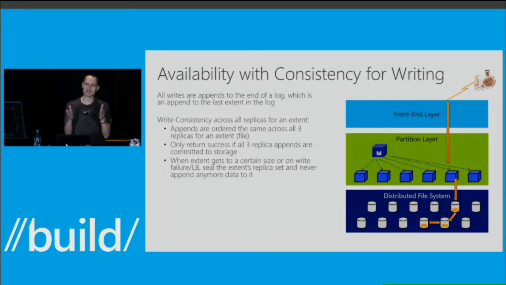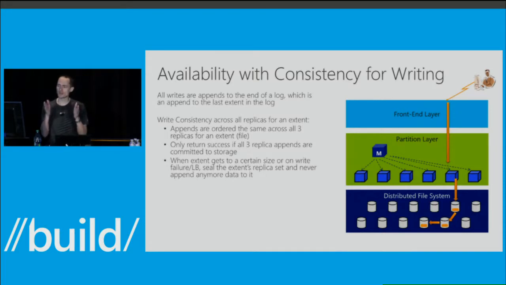Well, that means that we can actually read from any of the replicas. It doesn't matter. So we make sure that all three replicas are bitwise identical. We only return success to the customer if we've actually done the append to all three replicas. Okay? And then if there's a failure, or once this extent gets to a certain size, we seal the extent. And then we no longer append to it ever again.